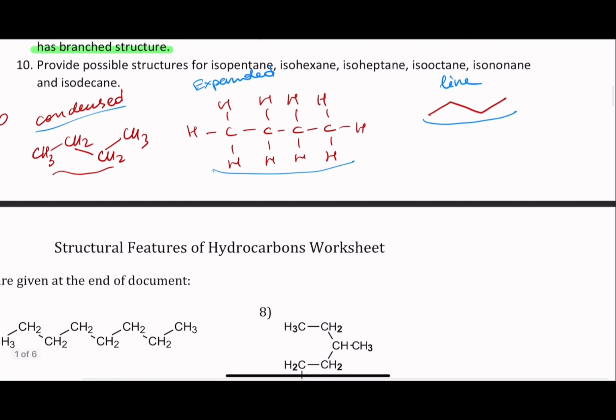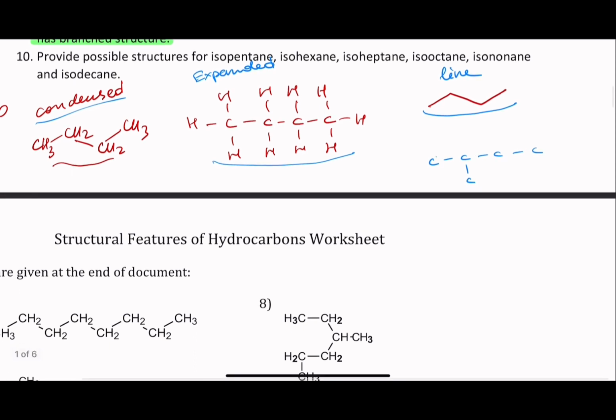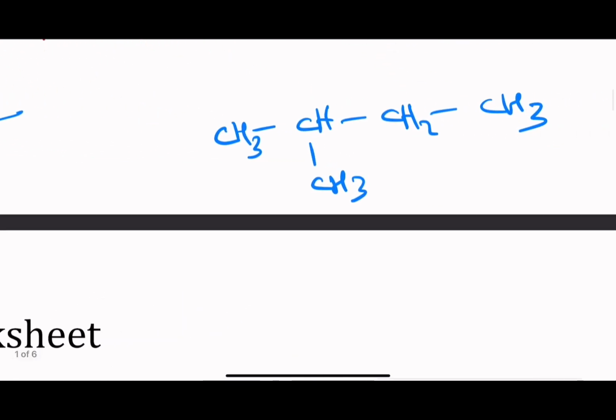Now I'm going to draw you isobutane, and isobutane is like this. I got 4 carbons, okay, and then I have another carbon coming out of here. So it will be CH3, CH3, CH2, CH3, and CH. You guys need to understand why I put a certain number of hydrogens.